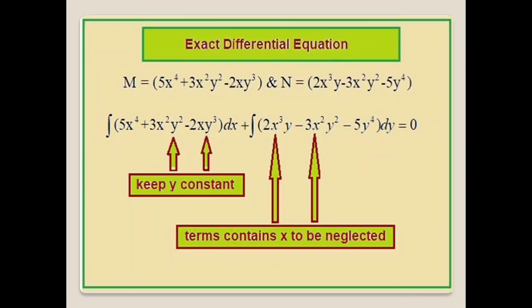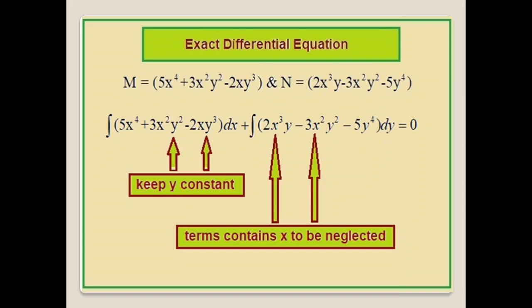Further, M is equal to 5x raised to 4 plus 3x square y square minus 2xy cube and N is equal to 2x cube y minus 3x square y square minus 5y raised to 4. So find the solution. Keep y constant. In the second part, terms containing x are to be neglected. So in this second part, 2x cube is multiplying y.